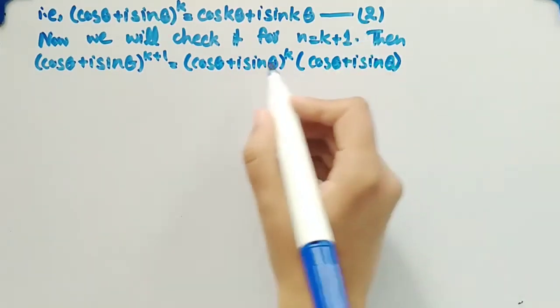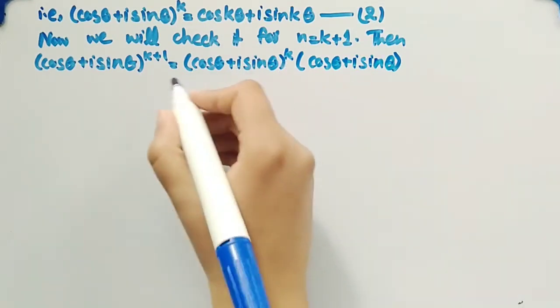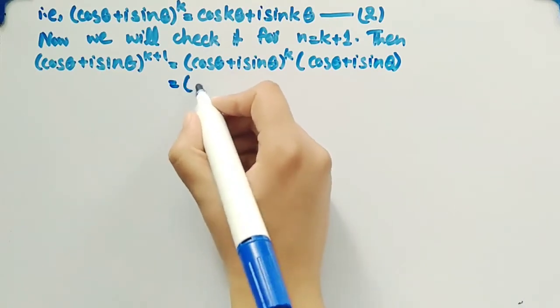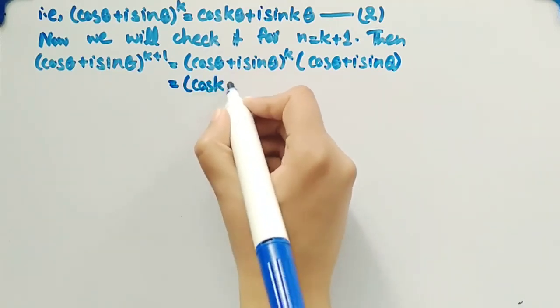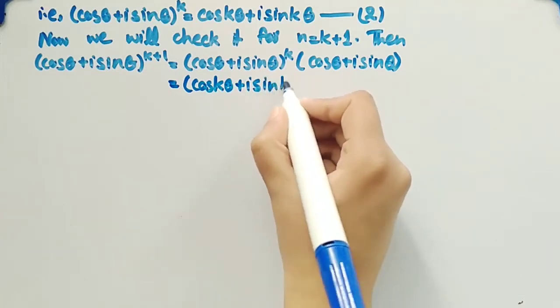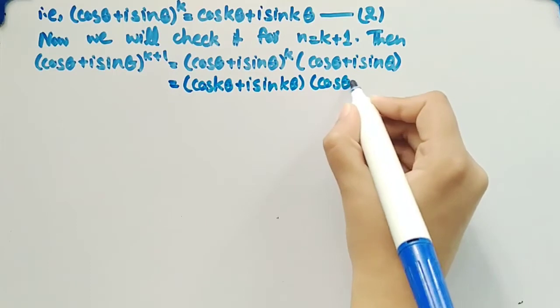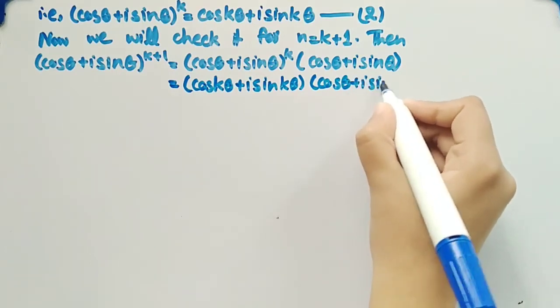From equation 2, we can write (cos theta plus iota sin theta) raised to power k as cos k theta plus iota sin k theta, into (cos theta plus iota sin theta).